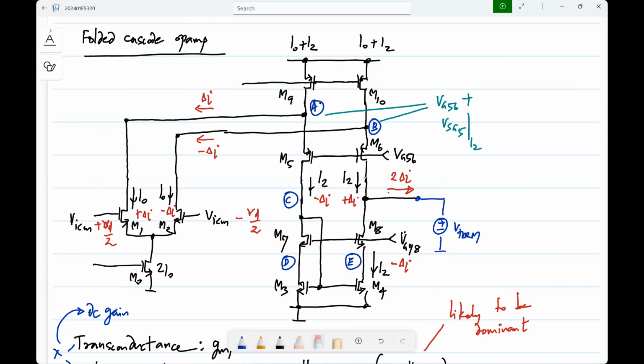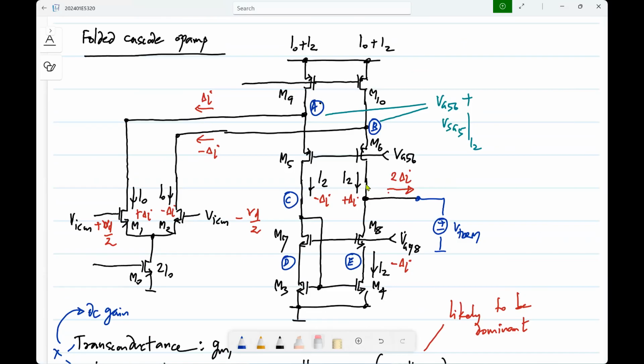And saw how much comes to the output. The rest of it remains exactly the same. Okay. The ones from M1 and M2 appear fully. Ones from M3 and M4 will appear fully. M5 to M8 will not appear at all. I mean, at least if you assume that GDS is 0. Okay. And again, the one from M0 also does not appear because of symmetry and cancellation. But you do have M9 and M10. Okay.